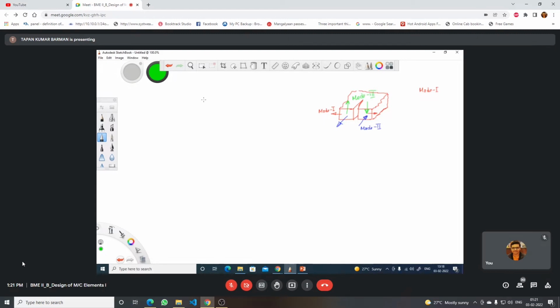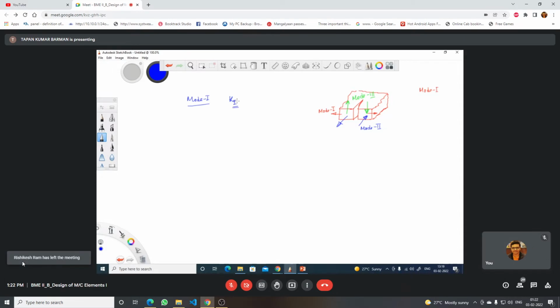So if I consider mode 1, the opening mode, the critical value of stress intensity determined in mode 1, or stress intensity factor in mode 1, will be designated by this K1.